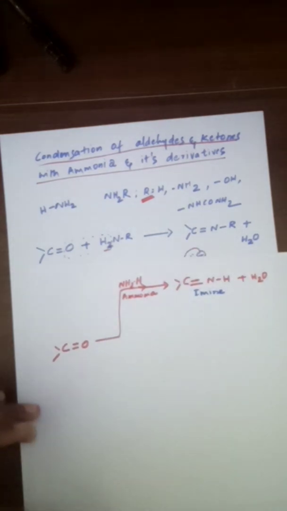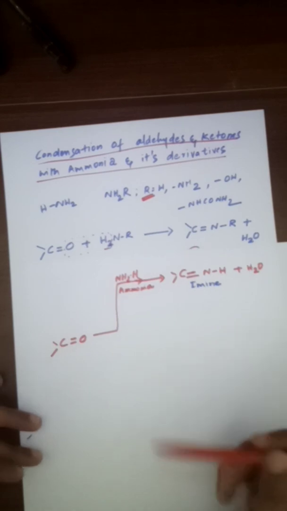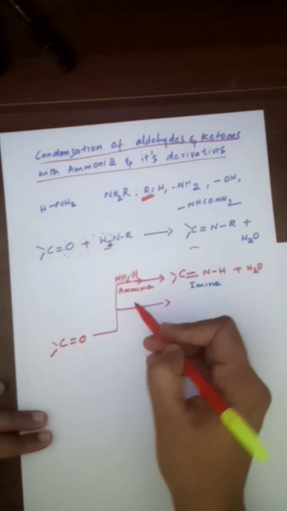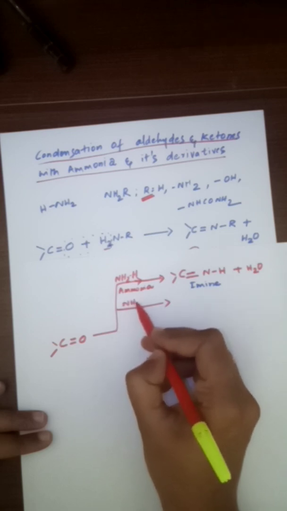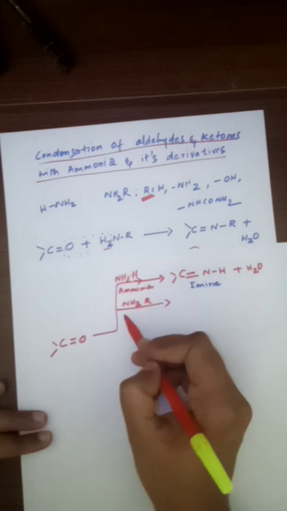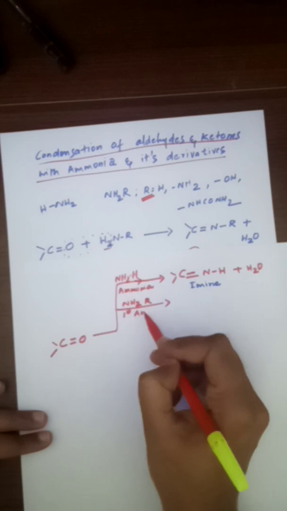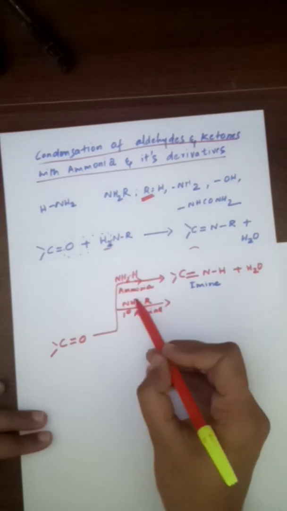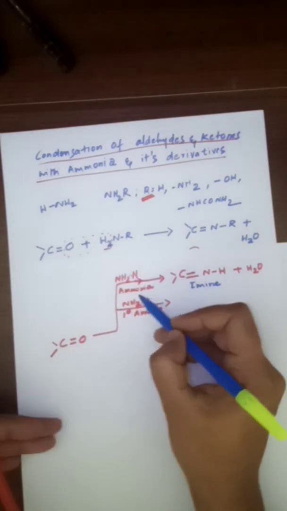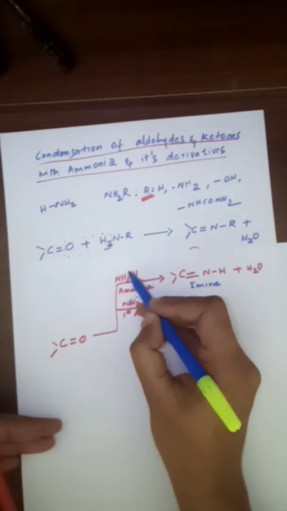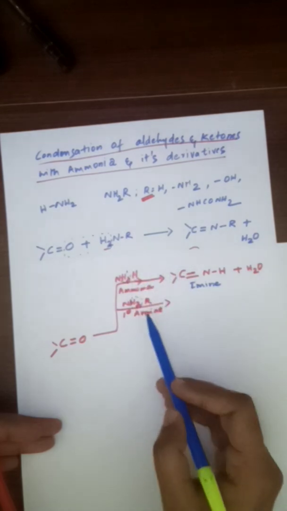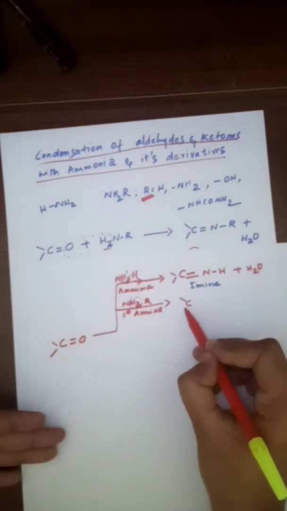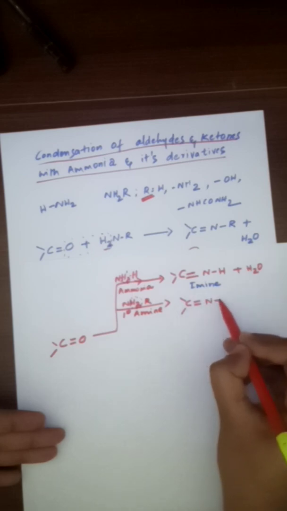Okay, and now the second reagent, let us consider NH2R. What is this? This is a primary amine. So when it reacts with a primary amine, again you should think about removing this hydrogen. Here also you have removed this hydrogen. So what is remaining here? N and R. So you will be getting C double bond NR.